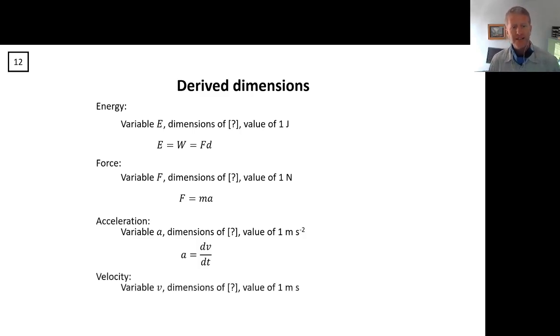Well, what's the dimensionality of velocity? Again, you can just look at the units here to get a hint, but let's think about it. Let's think about this one in terms of a differential equation. What's the definition of velocity? Well, one of the ways to define velocity is a change in position with a change in time, dx dt. Again, you can plug the dimensions into this, and we've finally gotten our way to the point where we're at fundamental dimensions all the way, and we can just write down the dimensionality of a velocity.